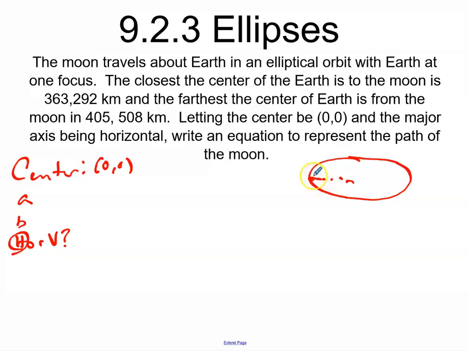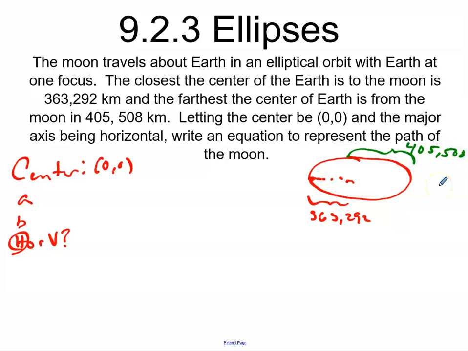So what that tells us is that this distance right here is 363,292. And the farthest away it will ever be is to the other vertex, 405,508.